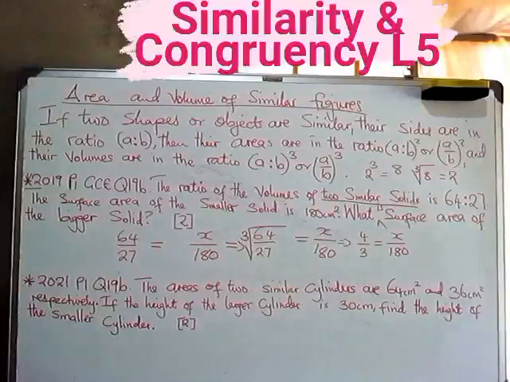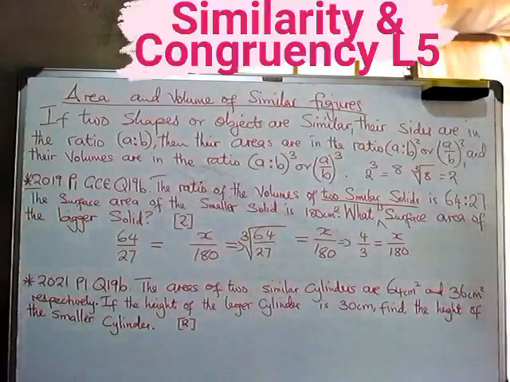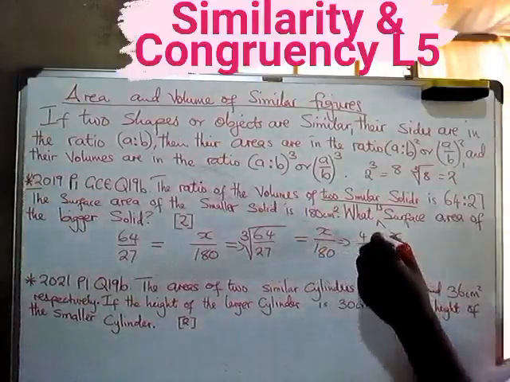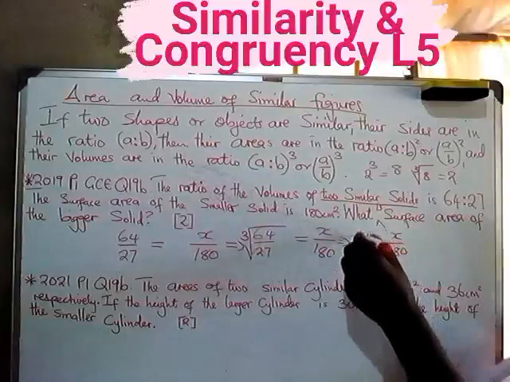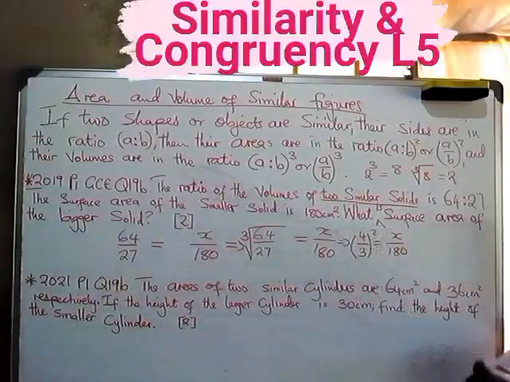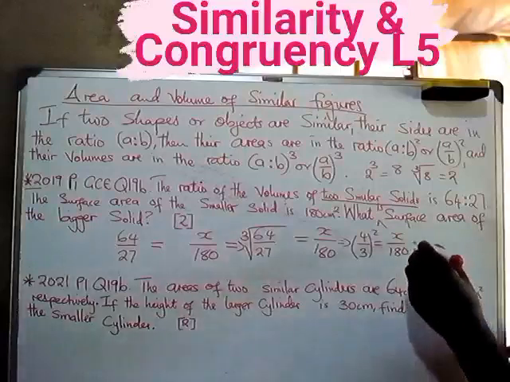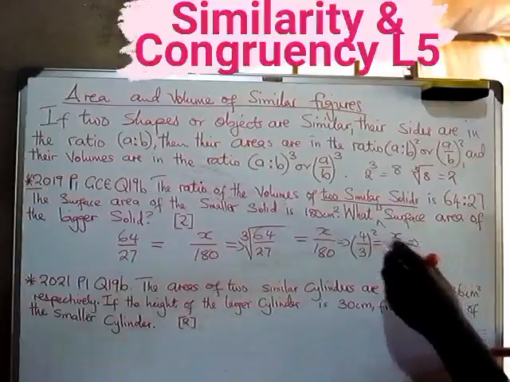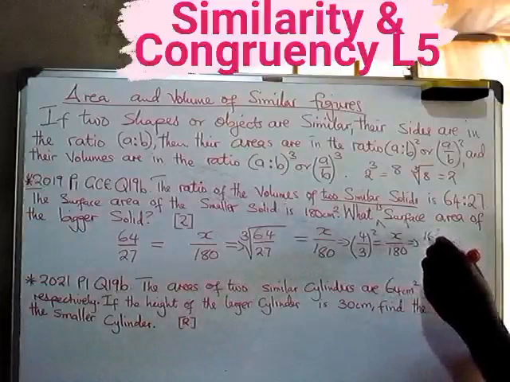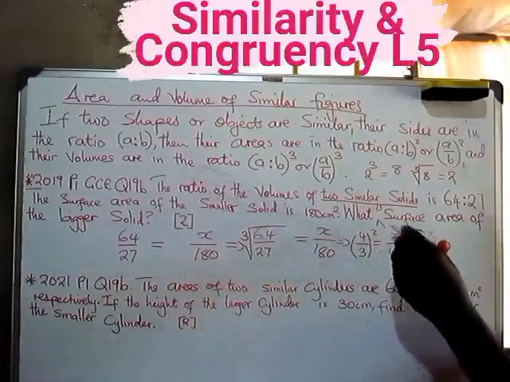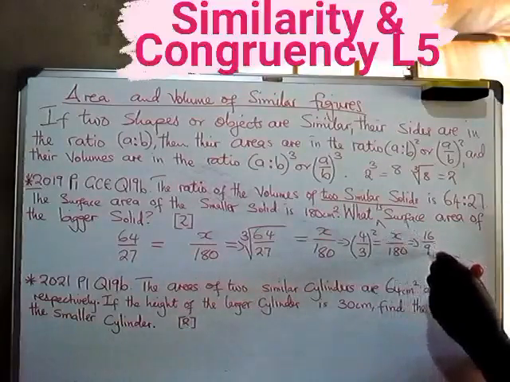Centimeters squared. Now, when we reach this point, since we are looking for the area, this means that this will need to be squared. So we are going to have 4 squared, we find 16, over 3 squared, it is 9.